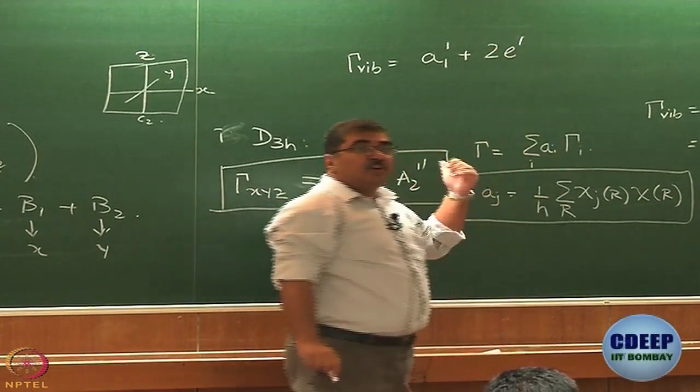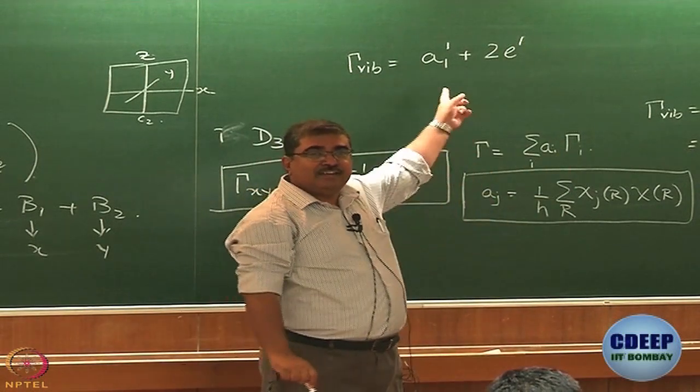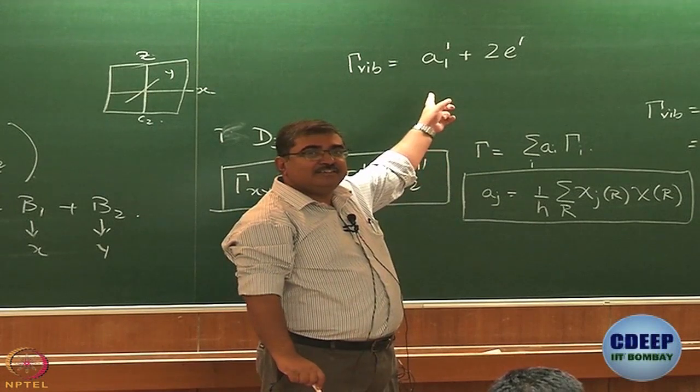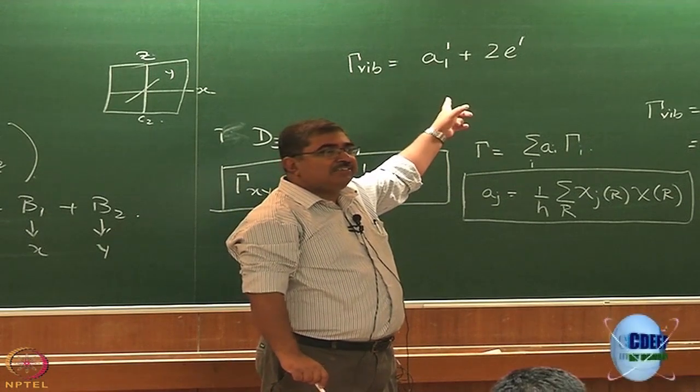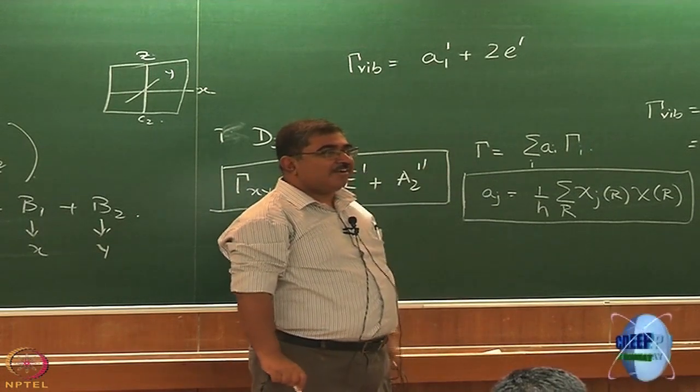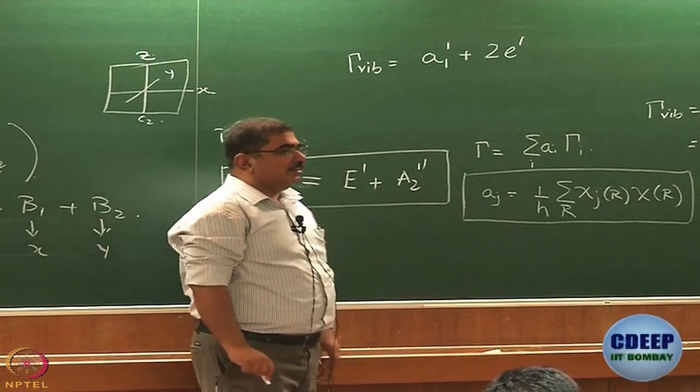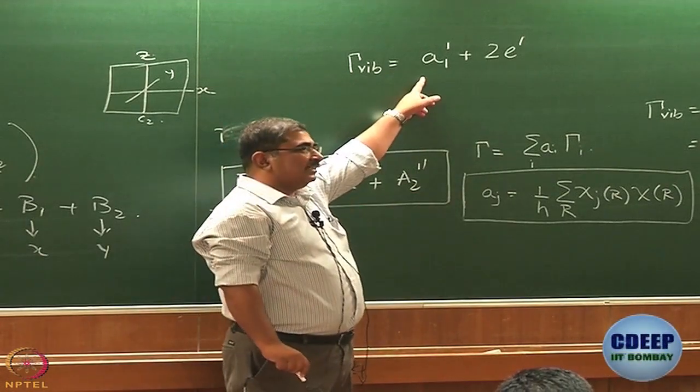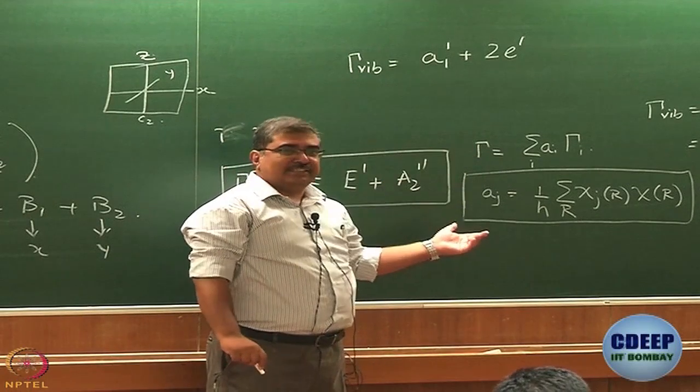Can you tell me how many normal modes are accounted for so far in what I have written? 1 A1 dash and 2 E dash. So, how many is that?